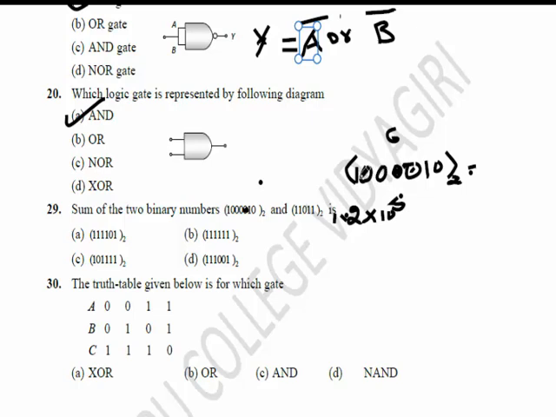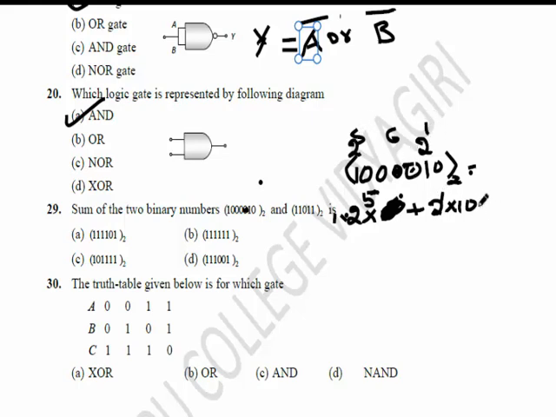This is 2^5, this is 2^4, 2^3, 2^2, 2^1, 2^0. 2^5 and 2^1 are present.